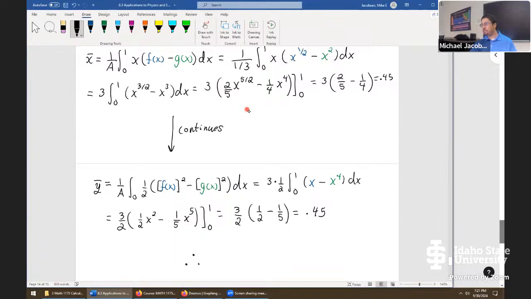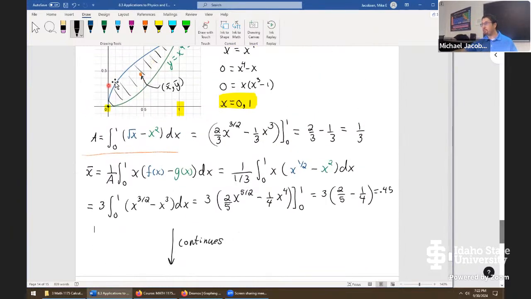So even though you don't have to put this on your work, it's not a bad idea to give one big overall conclusion. We can now say, therefore, x bar, y bar are both exactly 0.45. So that's going to be the centroid for this weird plate right here.